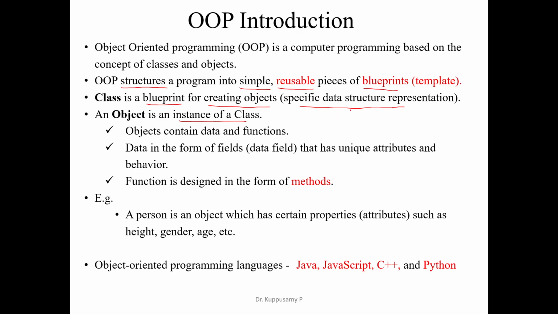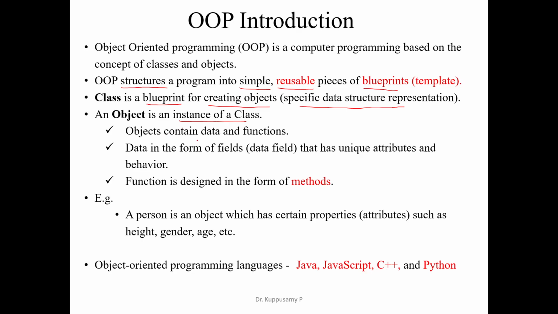Already we know different kinds of data structures and the definition: arranging given data in some order by using data structures like array, queue, stack, heap, etc. So here the object uses that kind of data structure representation.